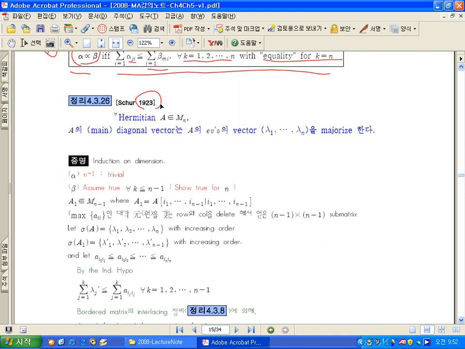In 1923, Schur gave the following theorem, 4.3.26.